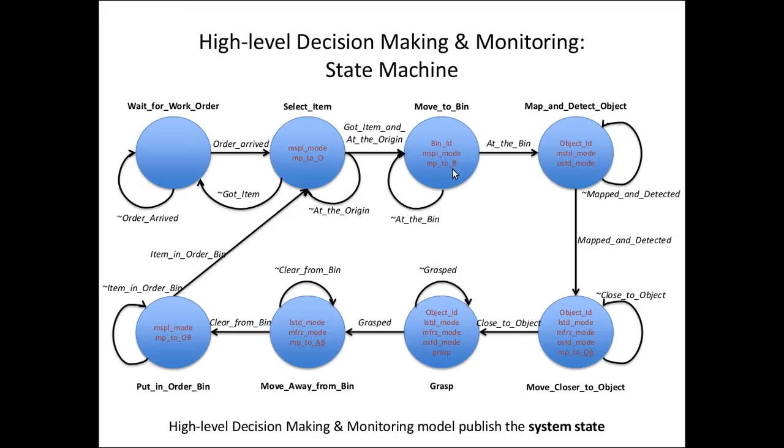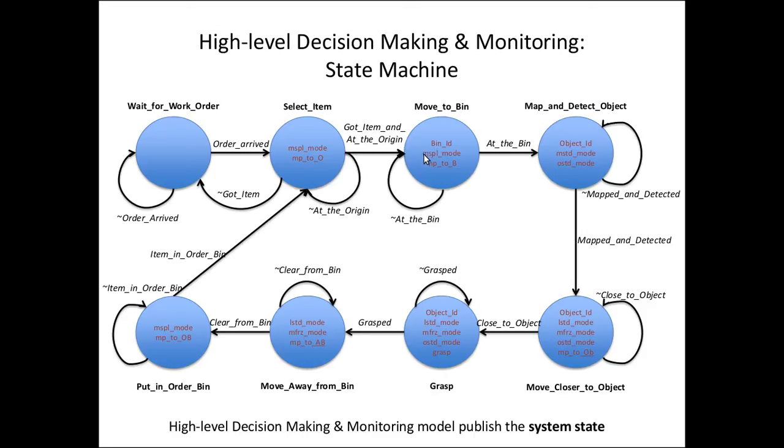So in this state, the arm will leave the origin and move in front of the beam. At this time, this model, the high-level decision-making monitor, will publish the beam ID so that the motion planning will know to which beam it should move.